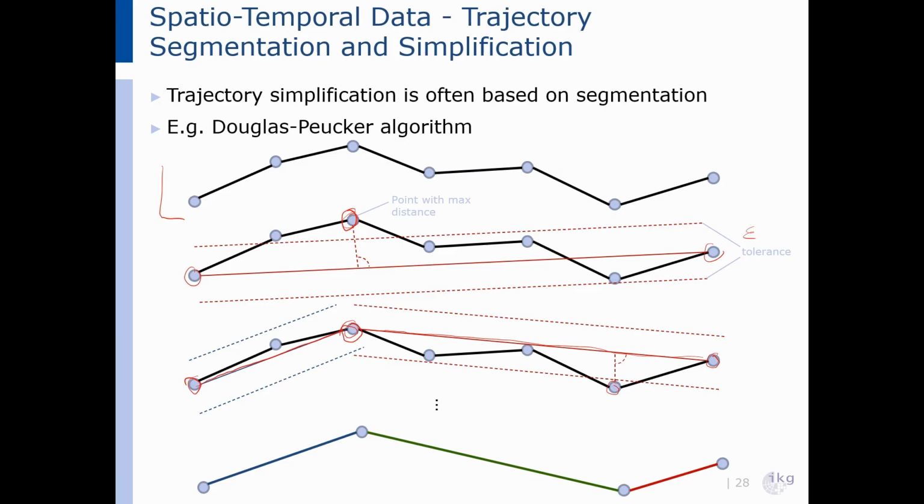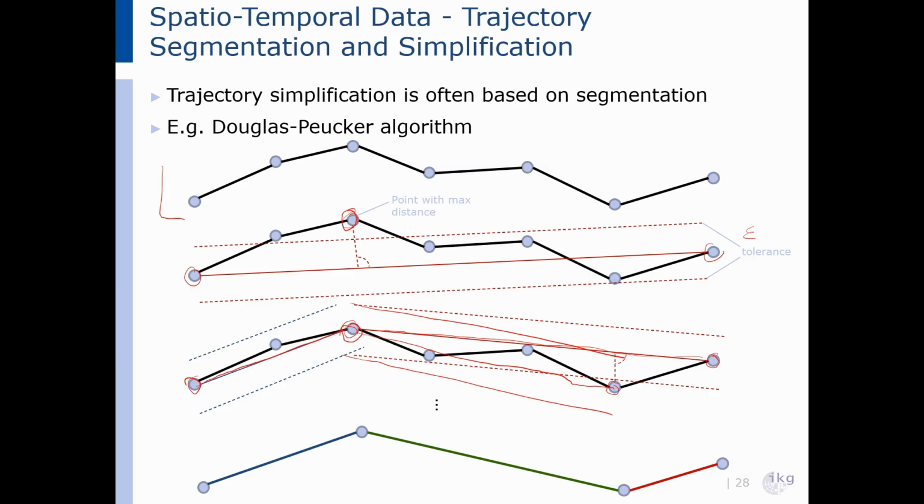Now, again, we will do with this new segment recursively the same as before, which means we would connect the two breakpoints with a straight line, apply the threshold again, and check if the intermediate points are outside or inside the threshold.